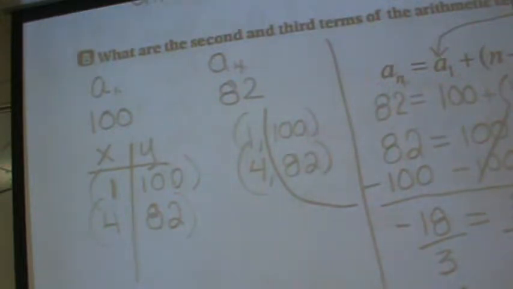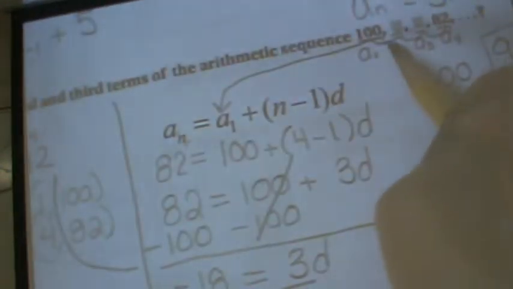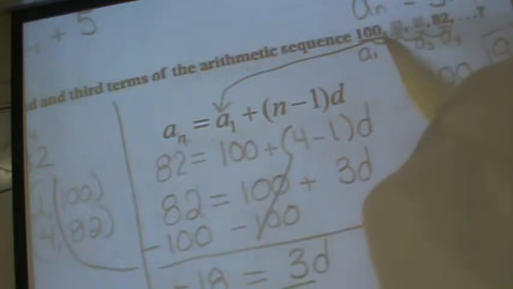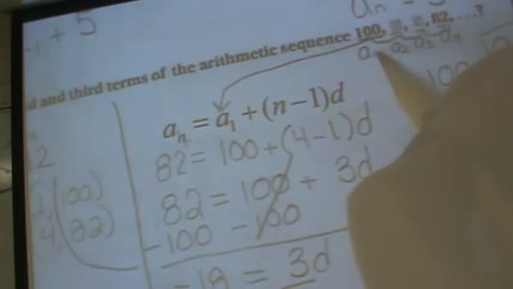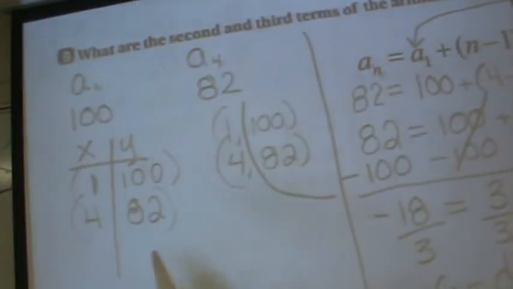As long as you know that it's arithmetic, you've got to know that's the first term. That first term is your x value, the 100 is your y. These are your y values, you guys, and the subscript is your x value, so treat it like an ordered pair.